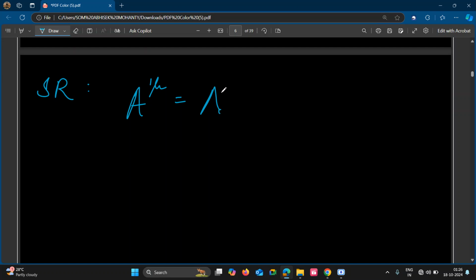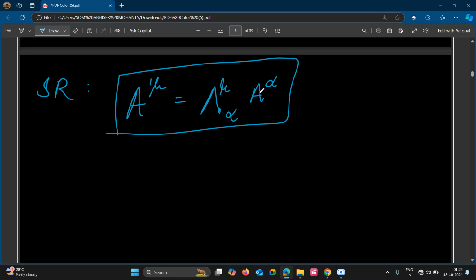Alpha is down here and alpha is up there, so the up and down can be matched and mu remains. This is not an explanation, just a way to remember the notation; alpha is not literally cancelled out. This is the transformation that takes A alpha to A dash mu, from one coordinate system to the other.